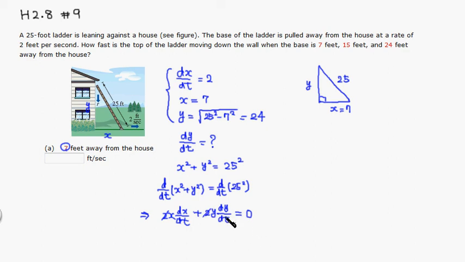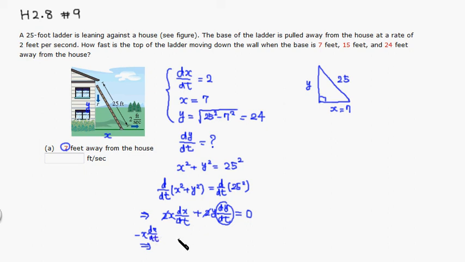Then we can plug in the known values. Actually, maybe I'm going to solve for dy over dt first, since this is what we are looking for. To isolate that, first I would subtract x times dx over dt.